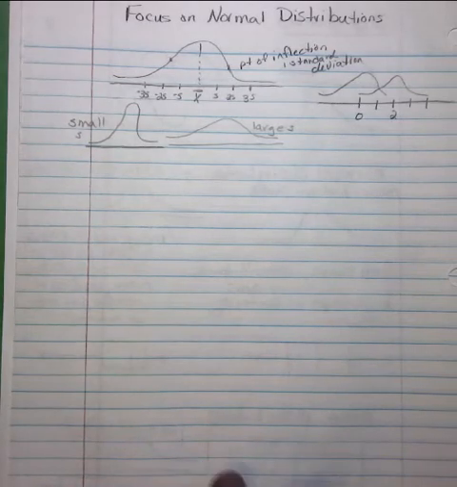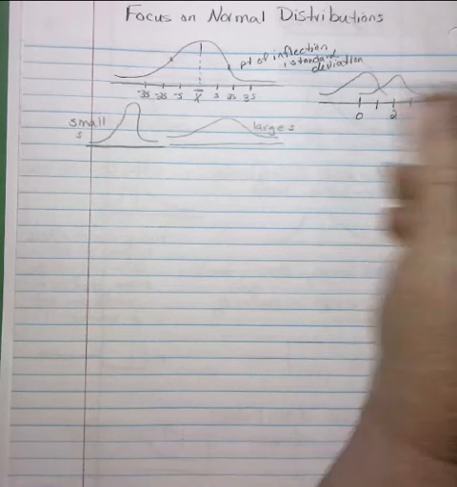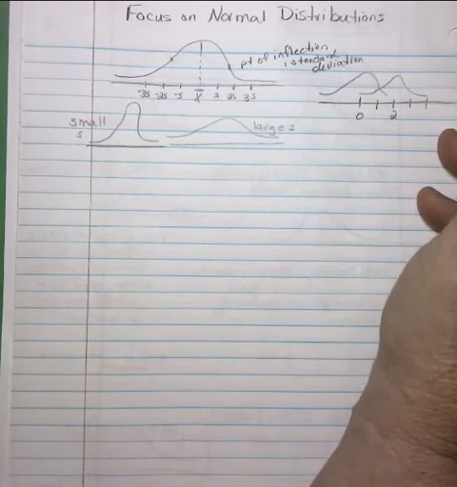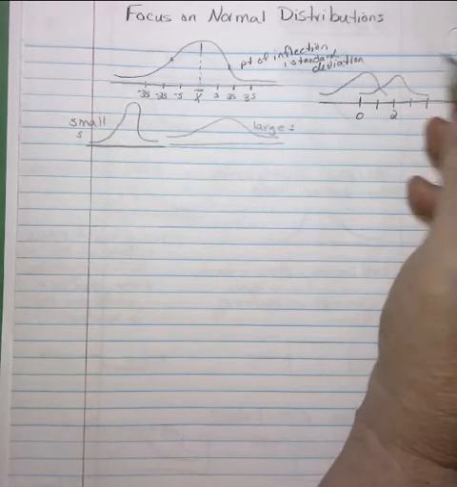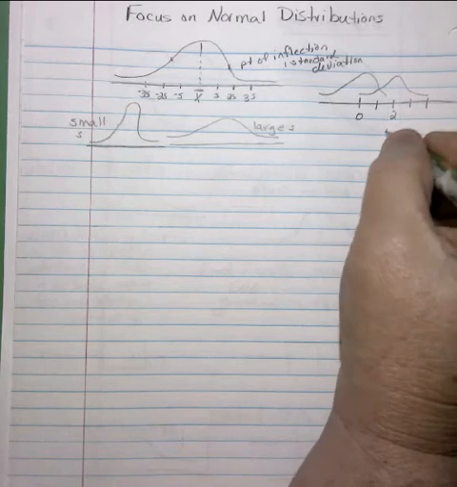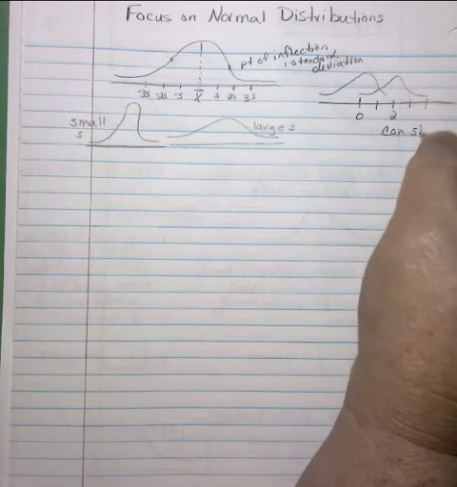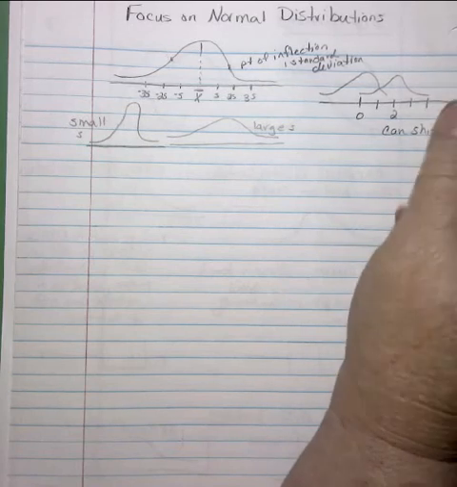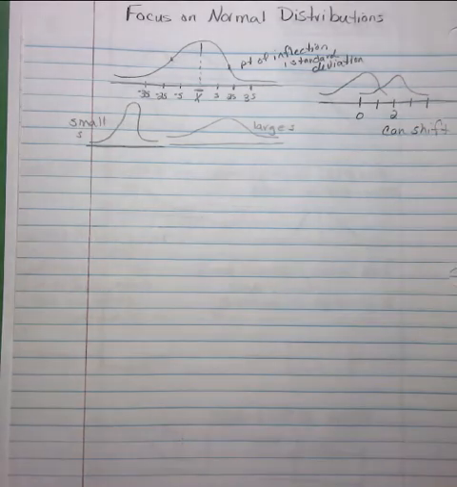So that's another thing to think about in terms of normal distributions. They're going to look the same, but they can shift along that number line graph based on where the mean is and how much the standard deviation is.